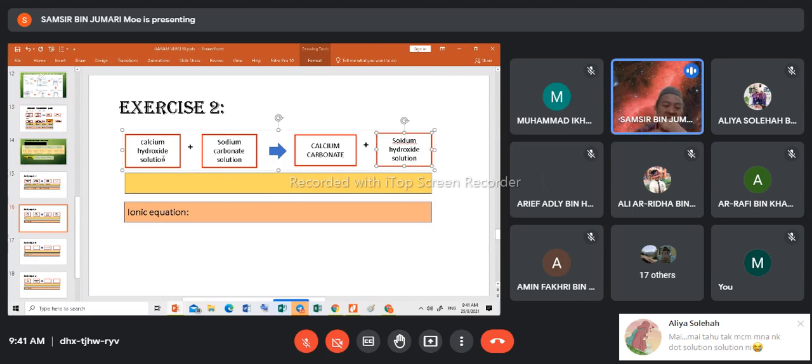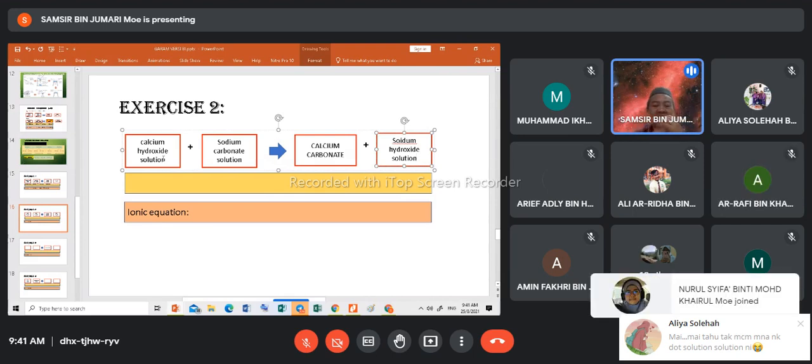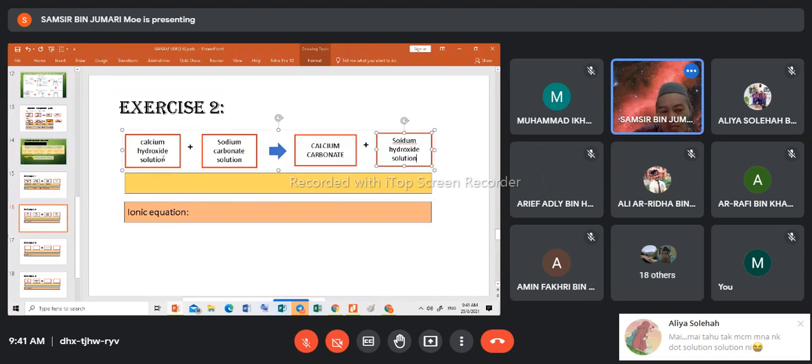Okay, calcium hydroxide, all of the alkali. Basically, all the alkali can absorb the carbon dioxide from the atmosphere. So carbon dioxide can react with calcium hydroxide to form calcium carbonate also. Okay, jadi kita kalau boleh elakkan calcium hydroxide ini. Kita boleh yang lain-lain kita boleh guna.